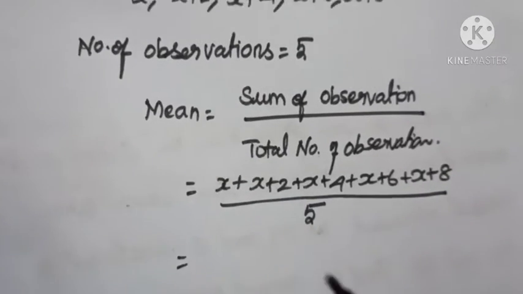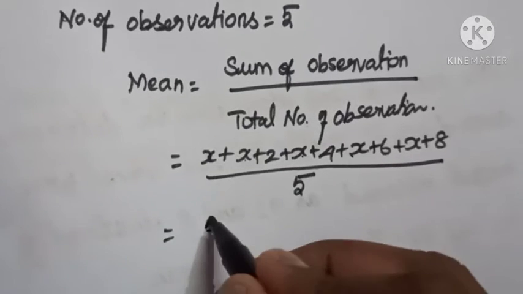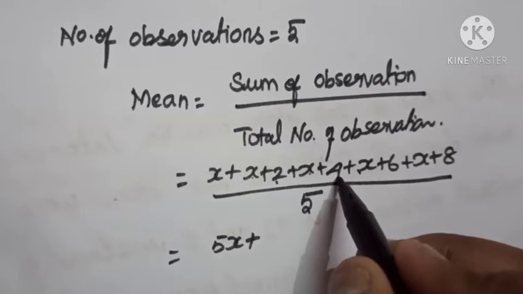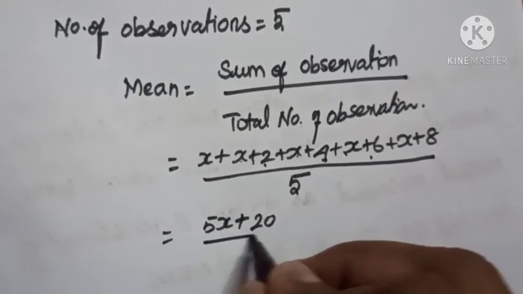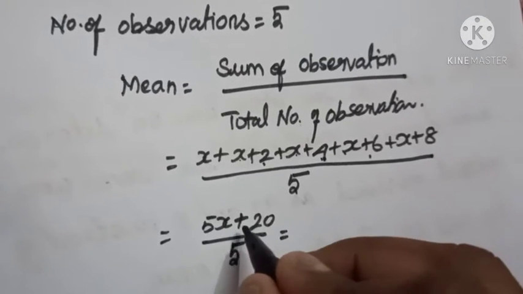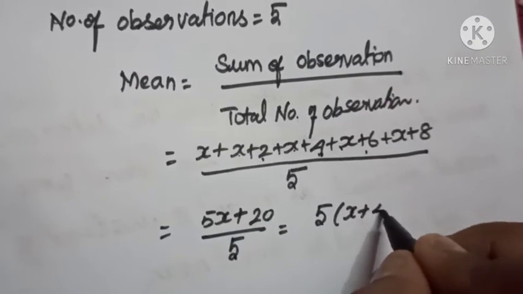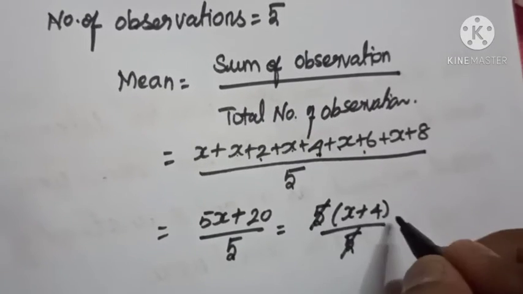So now just listen, how many x: 1, 2, 3, 4, 5x. 5x plus 2 plus 4 is 6, plus 6 is 12, and 20, divided by 5. So you can take out 5 commonly. What do you get? x plus 4 divided by 5. So 5 will get cancelled.